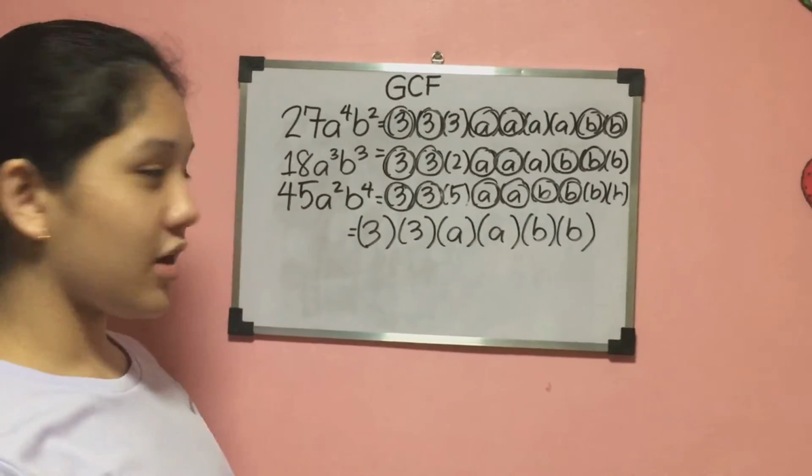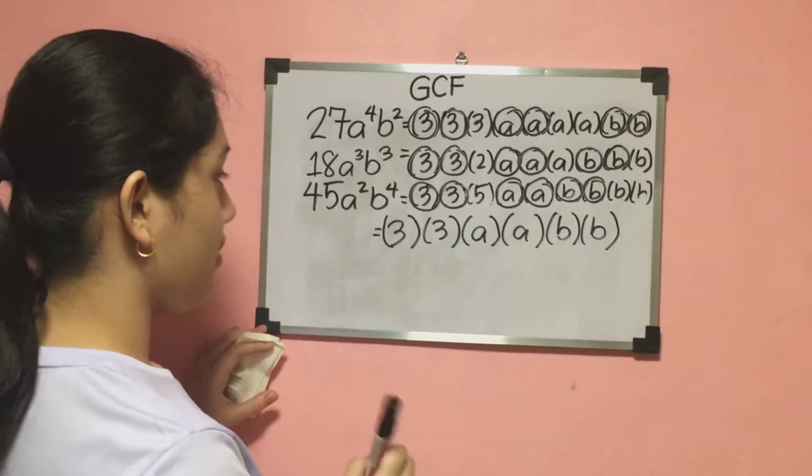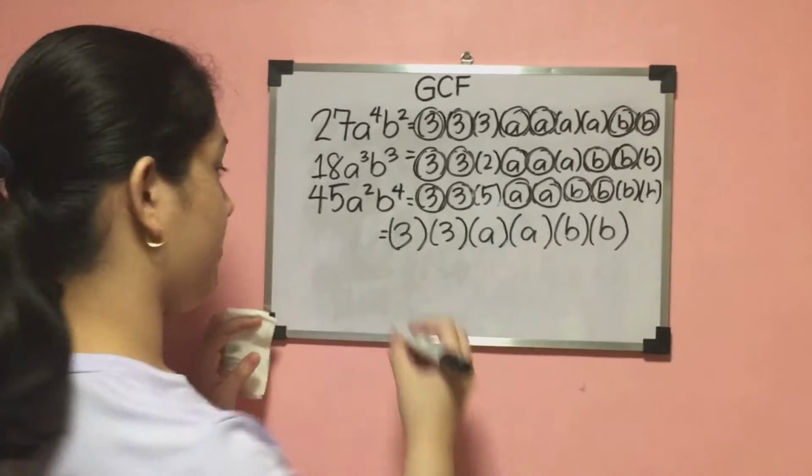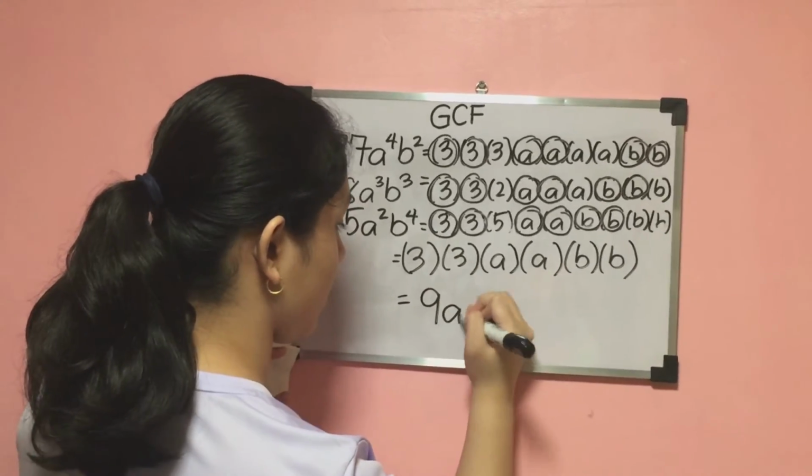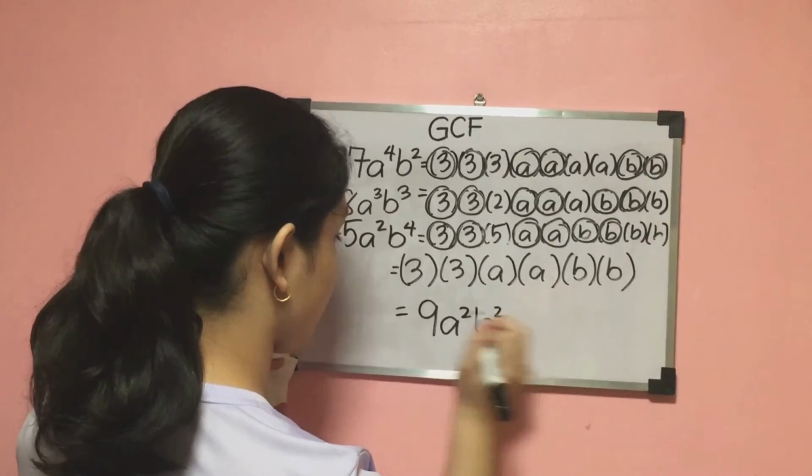And now that we got their common factors, we're going to multiply them. So 9a squared b squared.